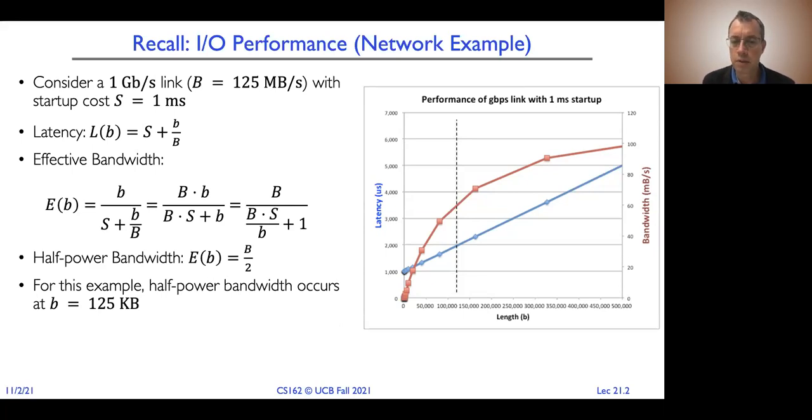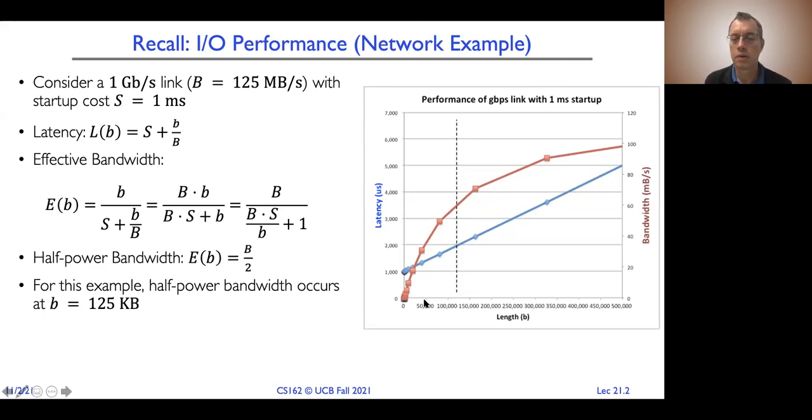And one important metric here is the half power bandwidth. It's basically the size of the packet I need to send such that the effective bandwidth is half of the capacity of the link, so the overhead just cuts my capacity in half.